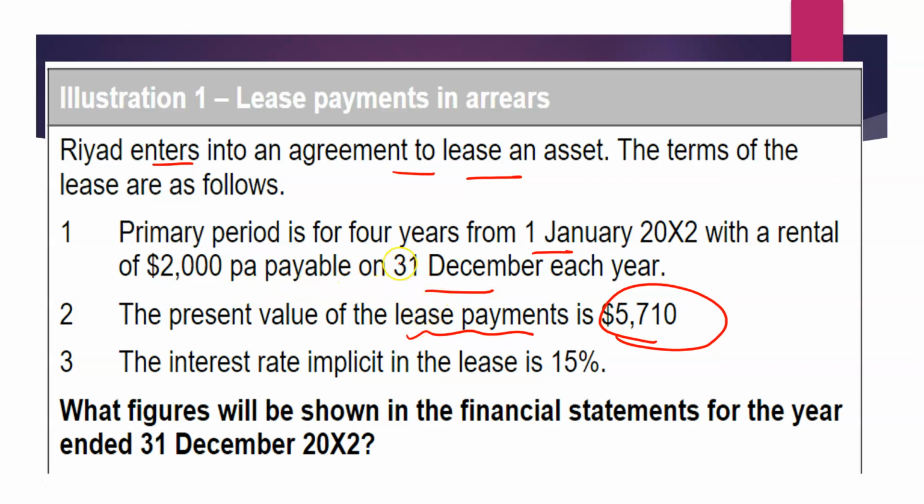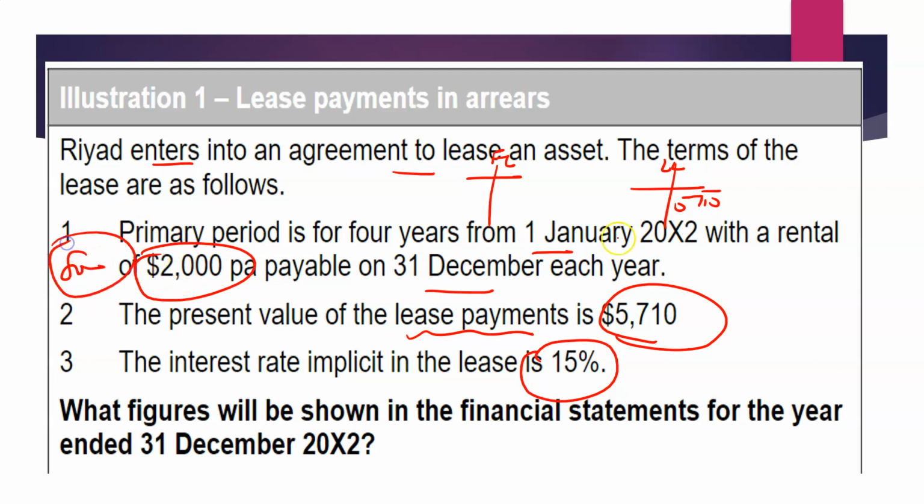So really what we're saying here is that you have a lease liability, starting off with 5710. Interest is going to accrue, so I'm going to have a finance cost of 15%. That's what's implied; it just falls out, based on what I know I want at the end. Here I'm saying I'm going to pay 2,000 each year for 4 years, so that's 8,000.